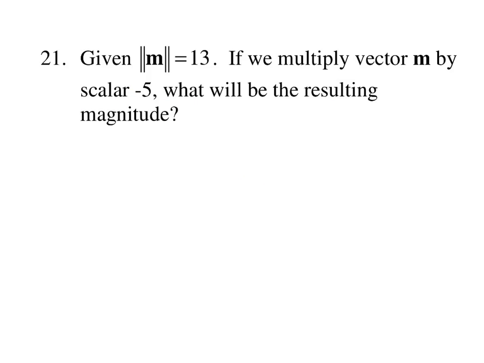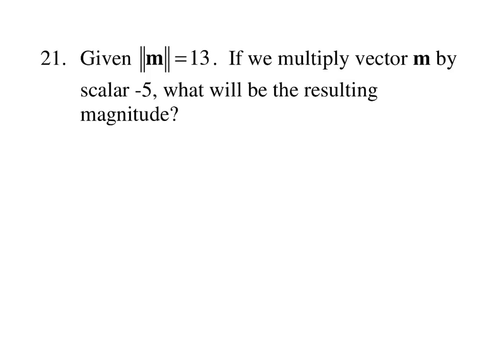If we're given that the magnitude of some vector m is 13, and we multiply it by negative 5, what would be the resulting magnitude? Well, remember, we had this sort of question on our vector operations assignment.